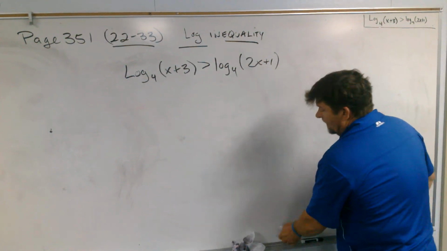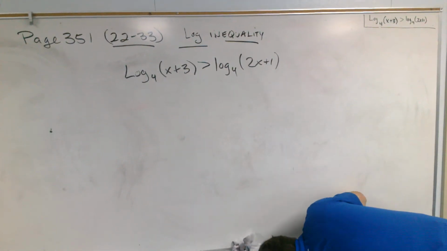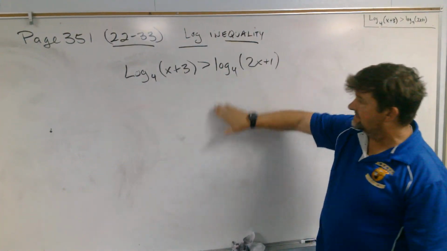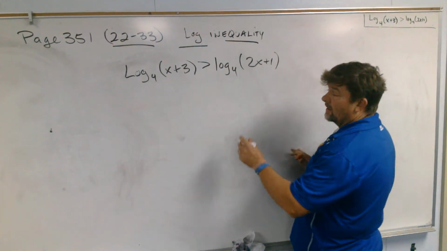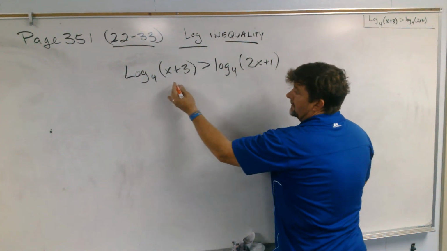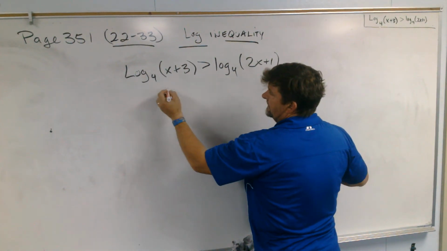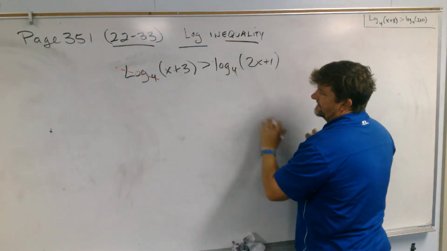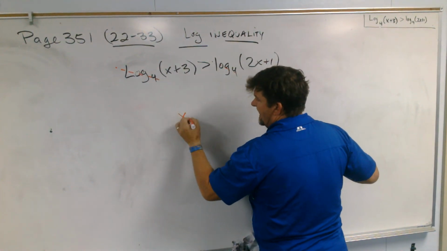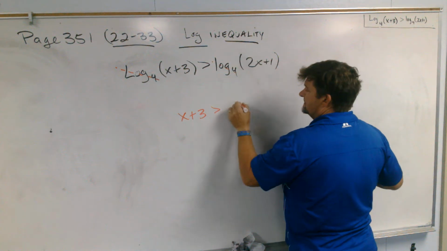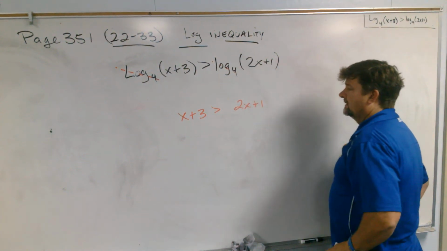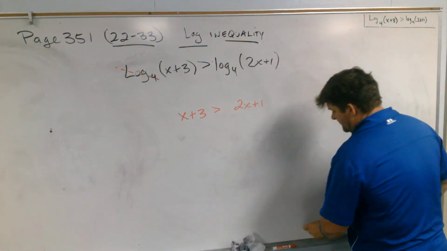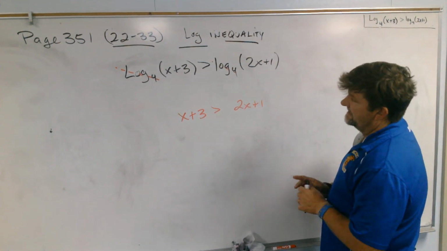So in the last video, or yesterday on Wednesday, a 1-to-1 rule. So we know for a 1-to-1 rule, that's going to cancel, and that's going to cancel. So I'm going to get x plus 3, 2x plus 1. Now, we got a problem here, though, because we know a couple of things.